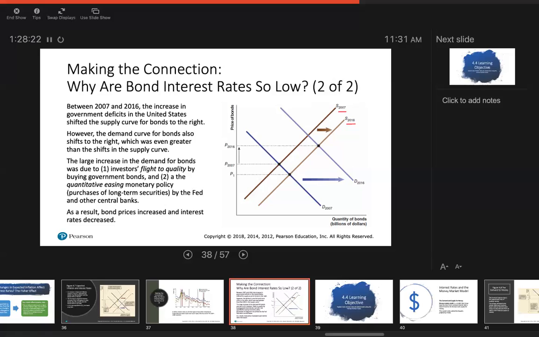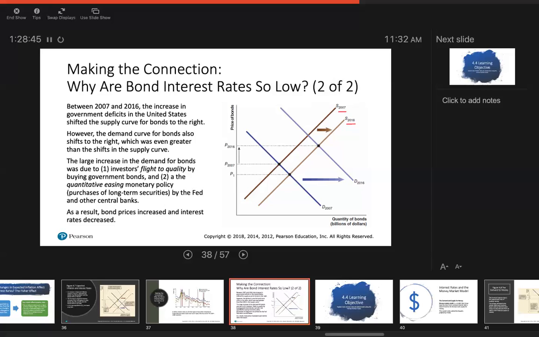Okay. The second reason for why this has happened is what the US Treasury did, what we call quantitative easing, where they just flooded the market with a lot of liquidity. Again, there's a purchase of long-term securities by the Fed and the other central banks.